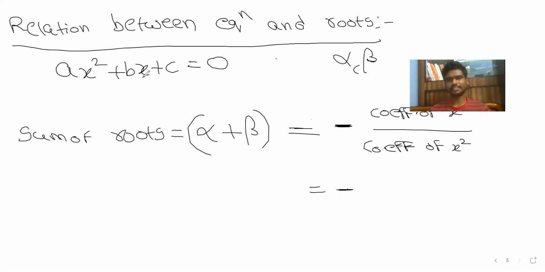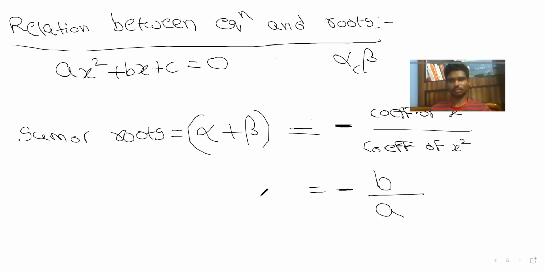What is the coefficient of x over here? Coefficient of x is b. Oh, sorry, x square is a.